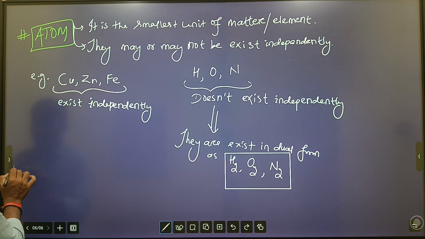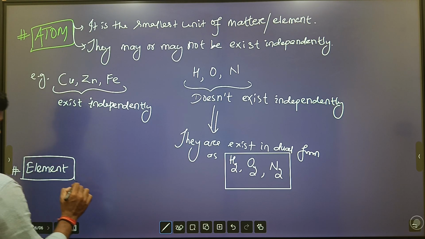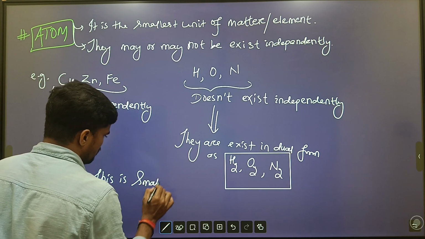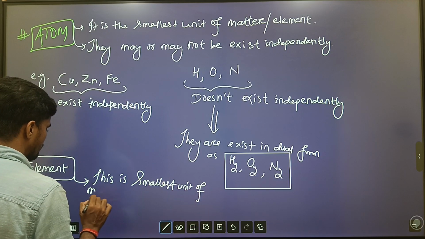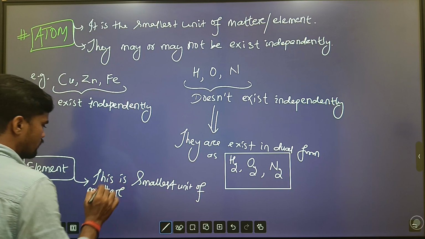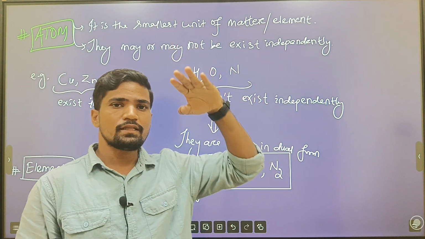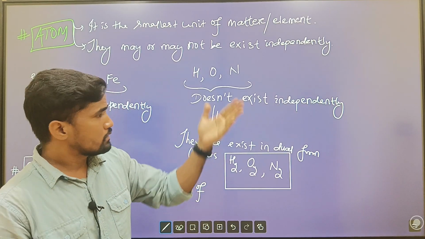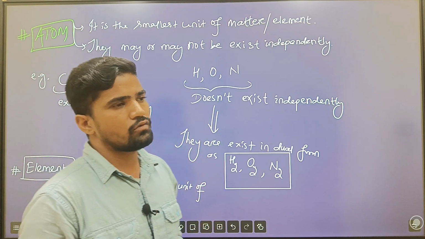Element is the smallest unit of matter. That means matter comes first, then elements, then atoms.